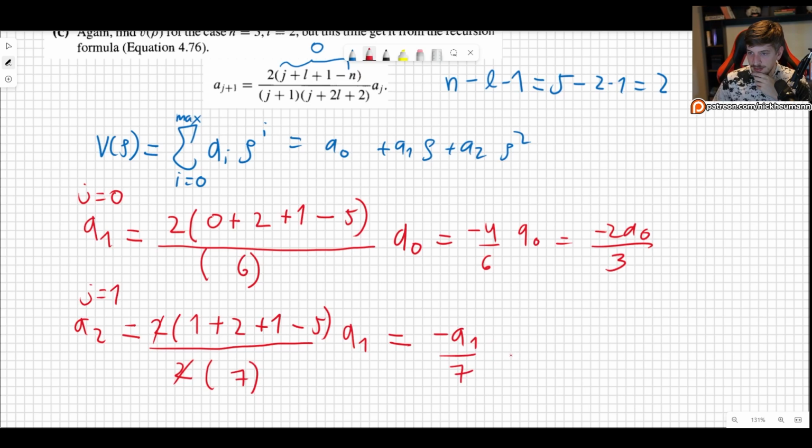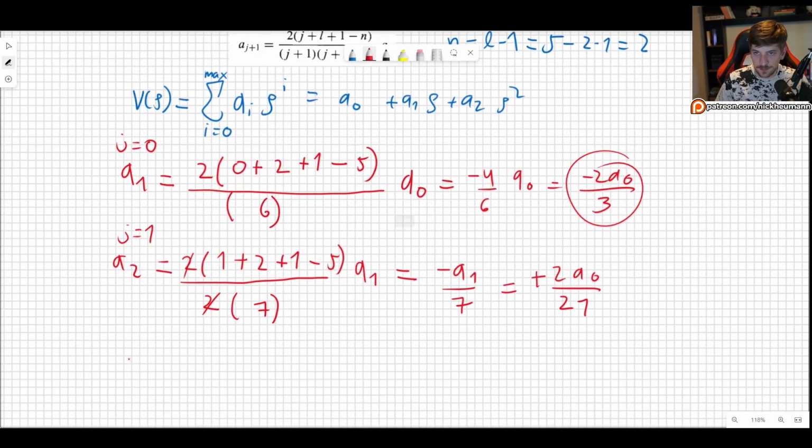Then we plug in the value for A1, so we have minus minus, so plus 2A0 over 21. So our polynomial V of rho, I'm not doing this in the proper order, but it doesn't really matter that much, would be A0 minus 2/3 A0 rho plus 2A0 over 21 rho squared.